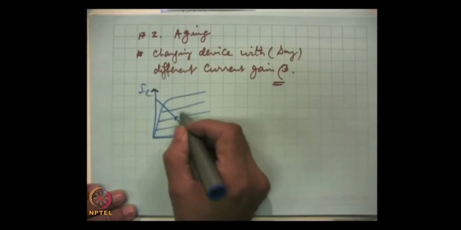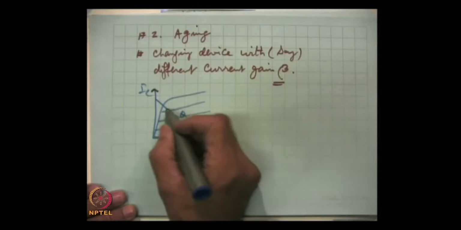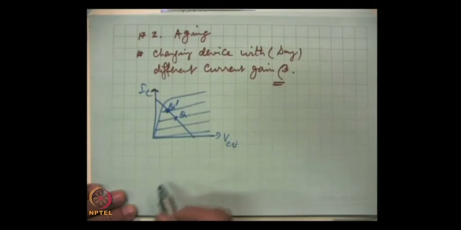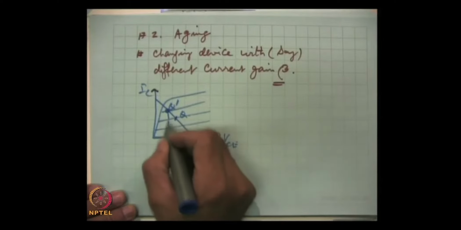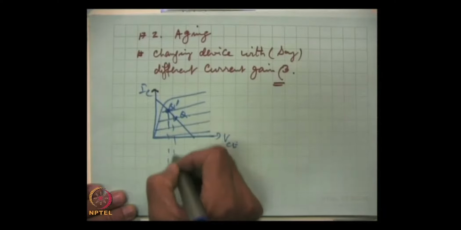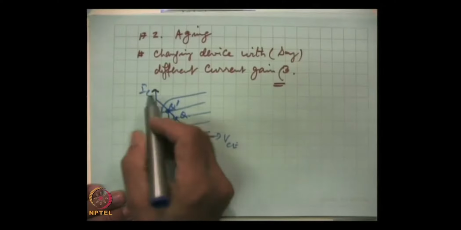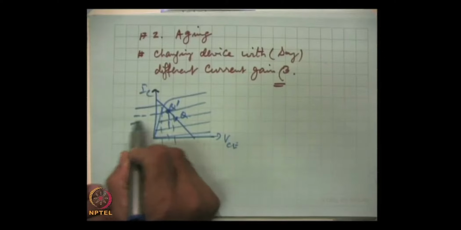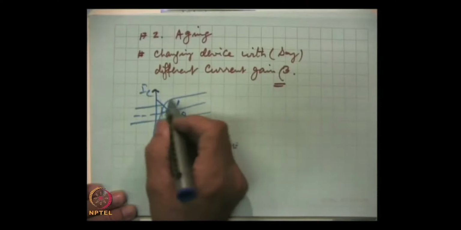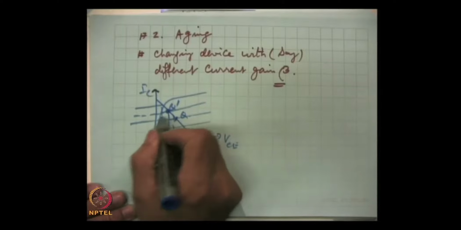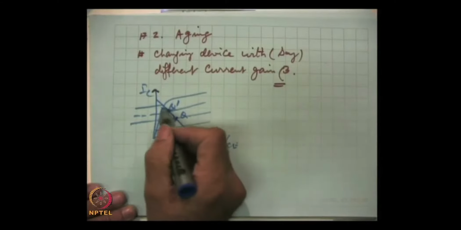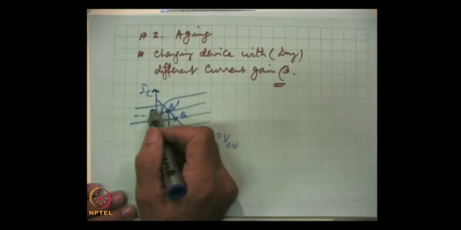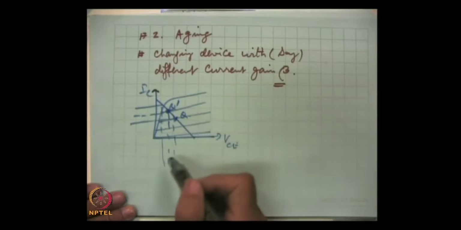Earlier we started Q here, but it may shift, for example, here, and when we apply the AC signal, the portion of the wave which appears in the saturation region, that is the region in which the output current does not vary according to the input, will be distorted.